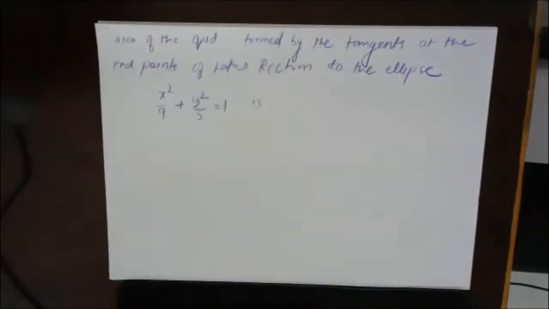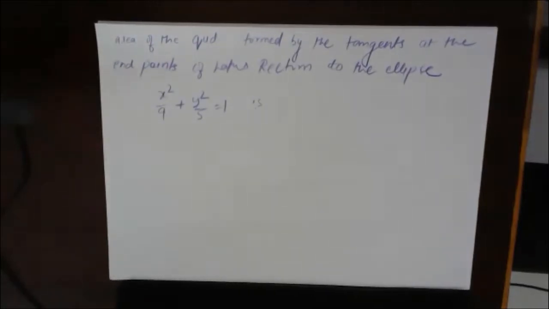Okay, so at the end points of the latus rectum of the ellipse, 4 tangents are drawn. Through those tangents, there will be a quadrilateral which is formed. You have to find the area of that quadrilateral.